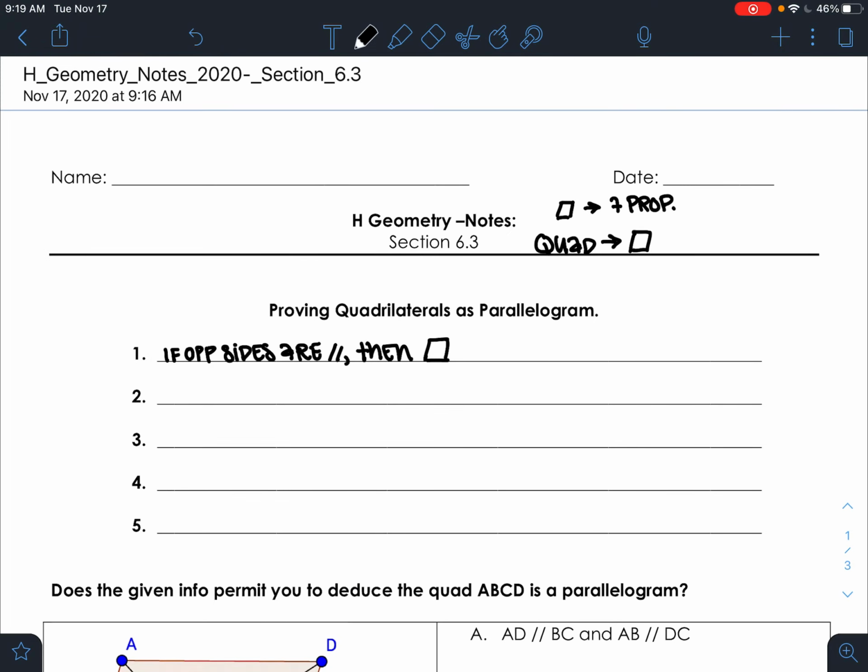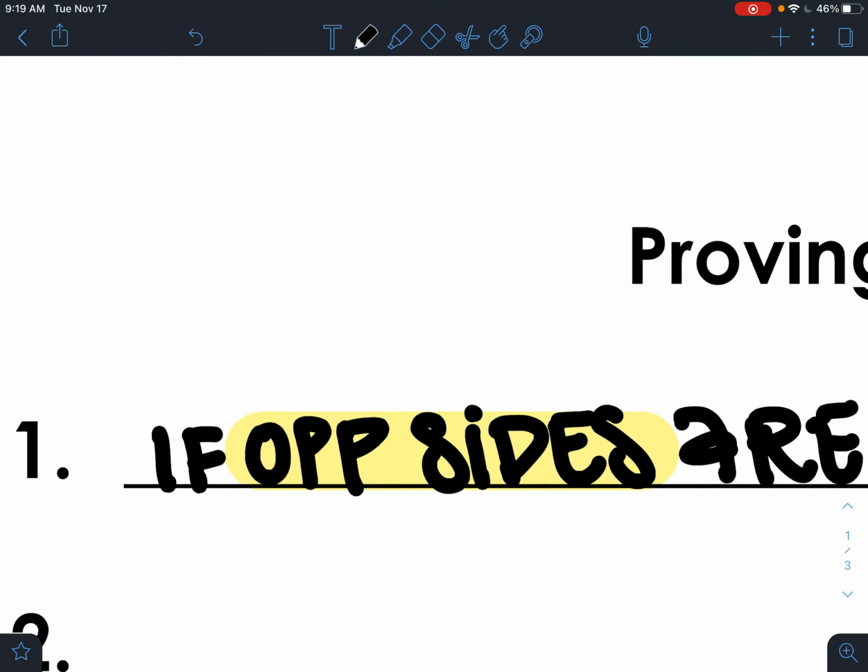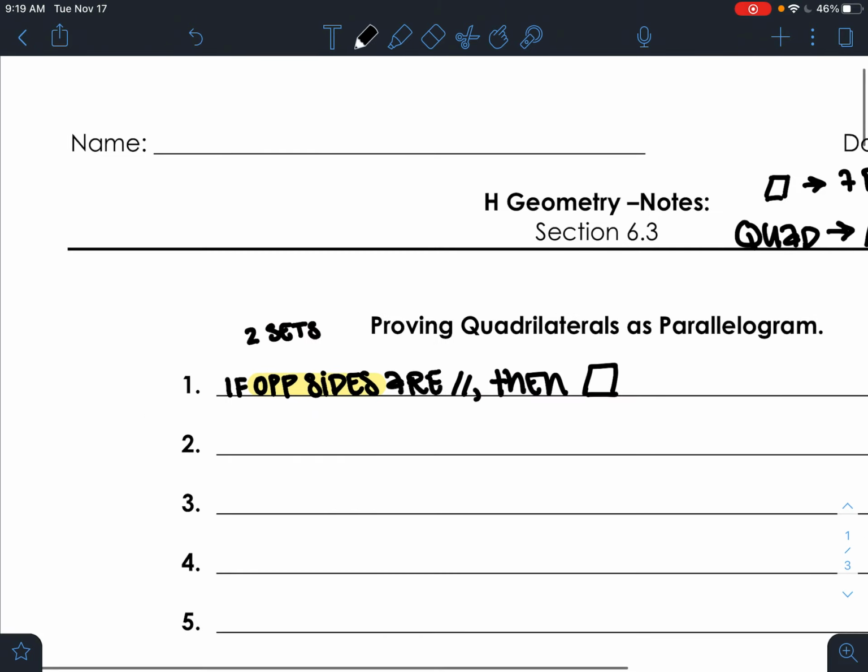It could be a much longer theorem, but what I'm saying here is if 2 sets of opposite sides are parallel, then it's a parallelogram. So I don't know if you want to put that in there, but if 2 sets of opposite sides are parallel, then it's a parallelogram, okay?